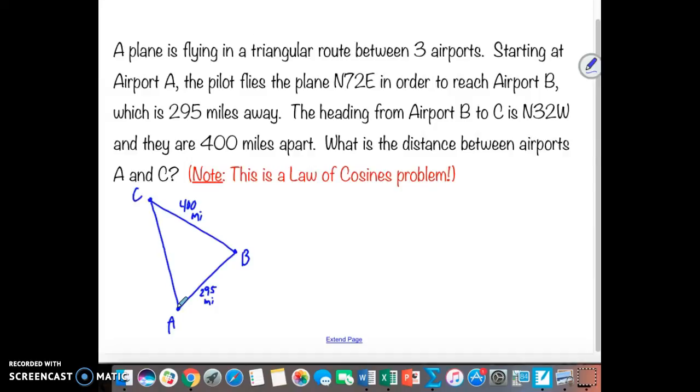It's important to know that you cannot say that angle A is 72 degrees, and you cannot say angle B is 32 degrees. I'm going to go ahead and draw in 2 dotted lines. These 2 dotted lines should be parallel to one another.